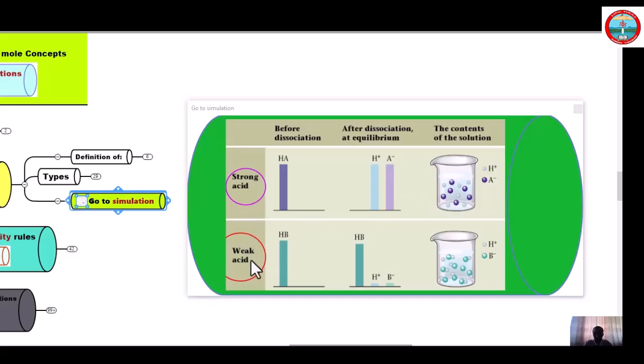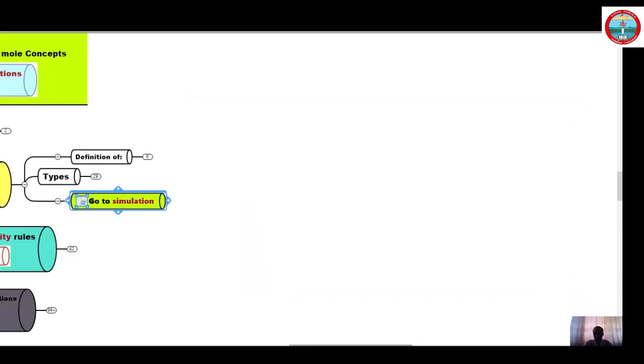But if the acid is weak, after dissociation there is an acid left over, that is undissociated acid, besides the cation and anion of the dissociated acid. So this is the way of identifying the weak acid and the strong acid. For strong acids there is no acid left over after dissociation, but for weak acids there is undissociated acid left over after dissociation. This will be explained more by using a simulation.